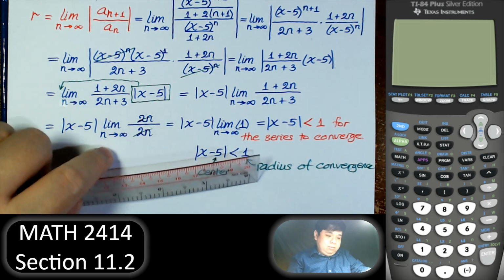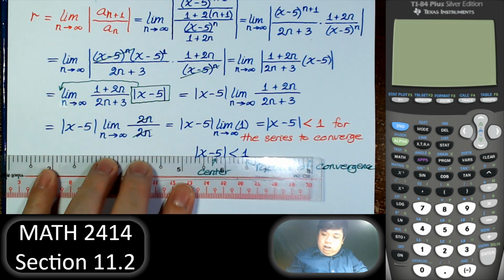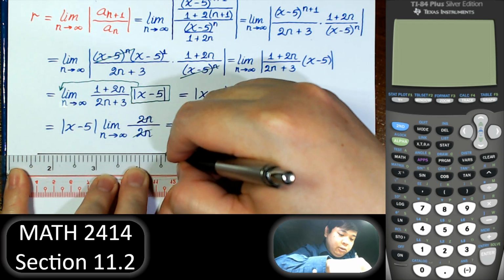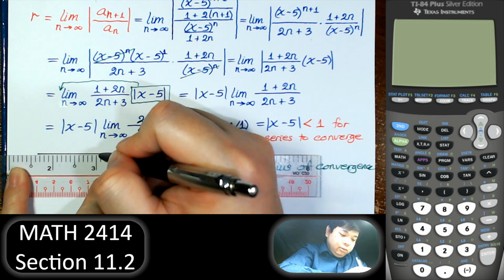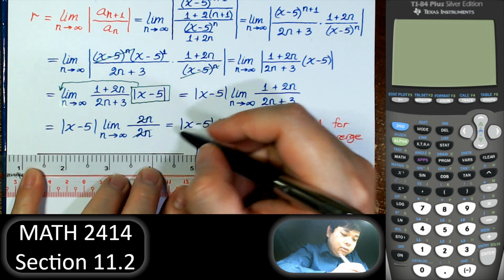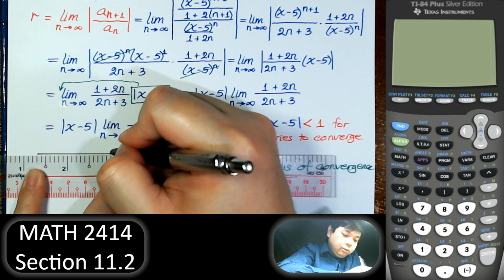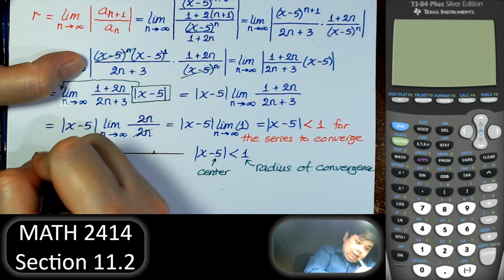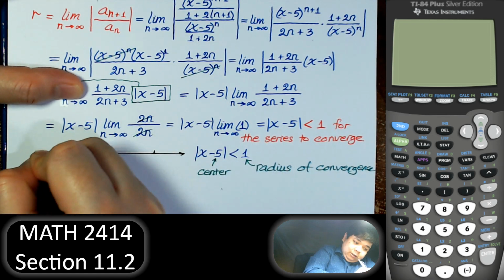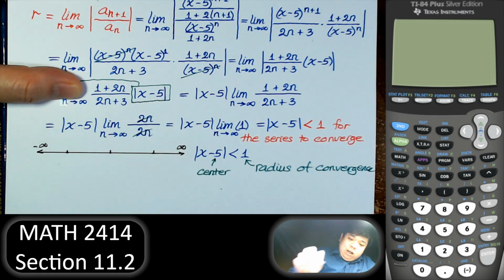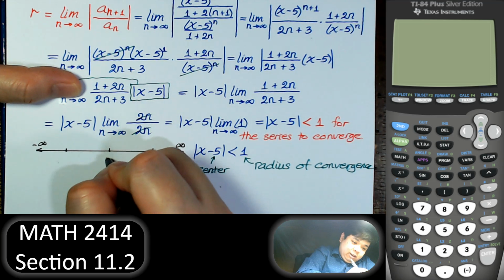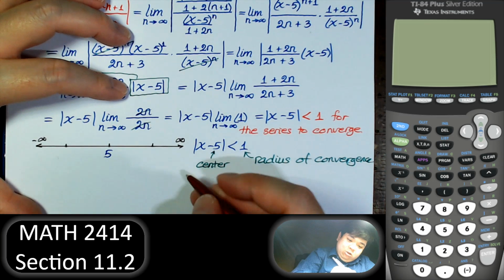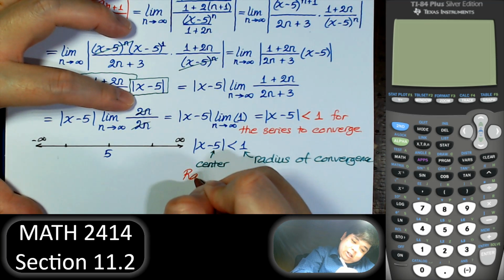Now let's draw a number line. We have the center at 5. The radius of convergence is 1.